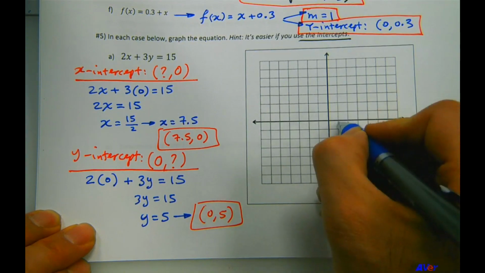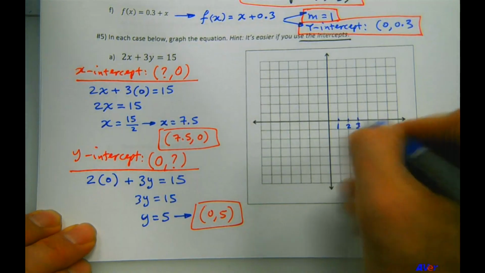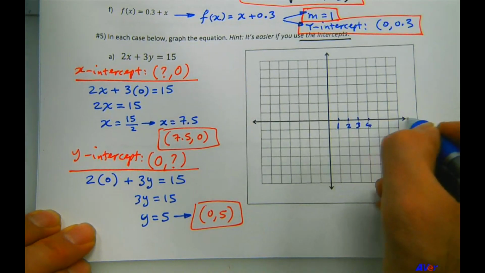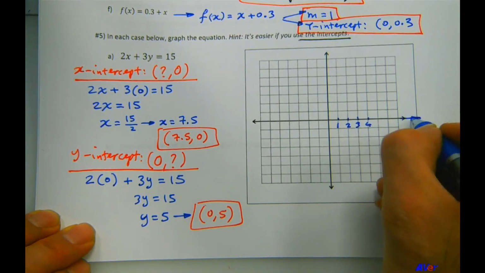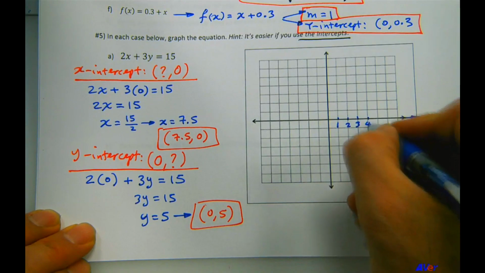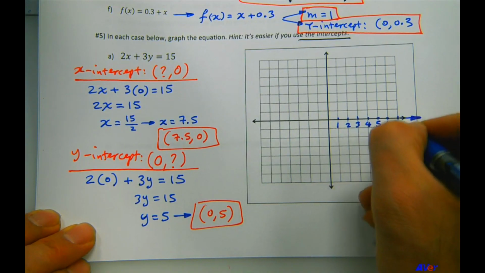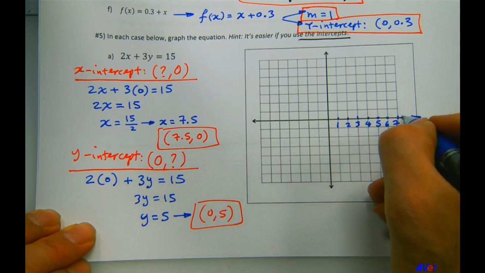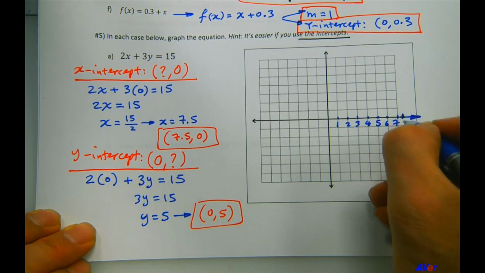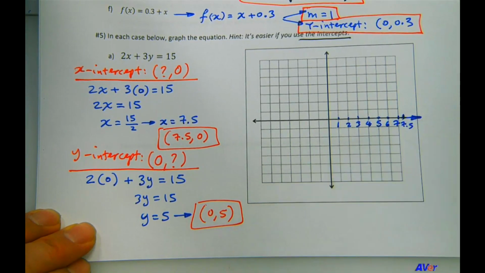So 1, 2, 3. I'm going to be off this line a little bit, so let me stretch this line a little further. So 4, 5, 6, 7.5. That would be right there. That last increment is 7.5.